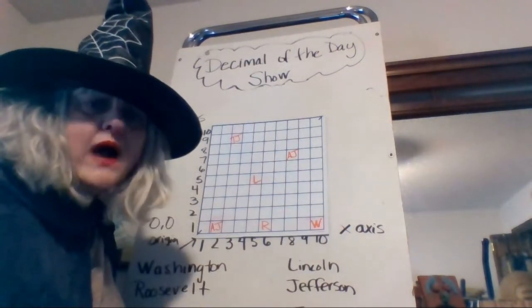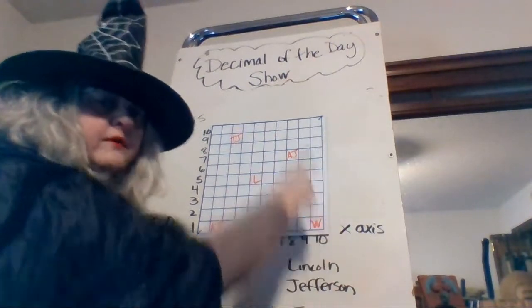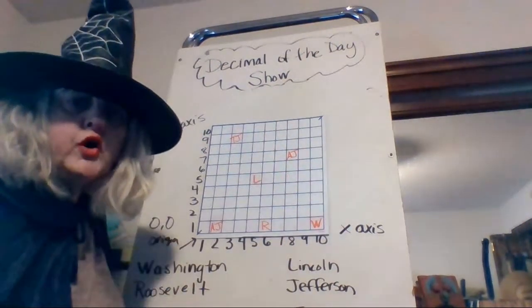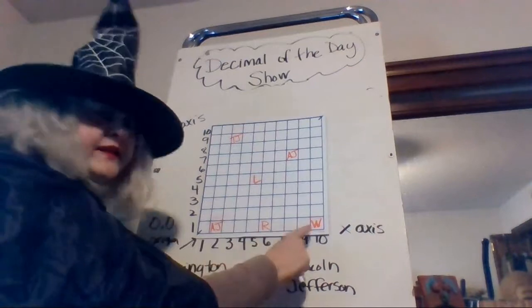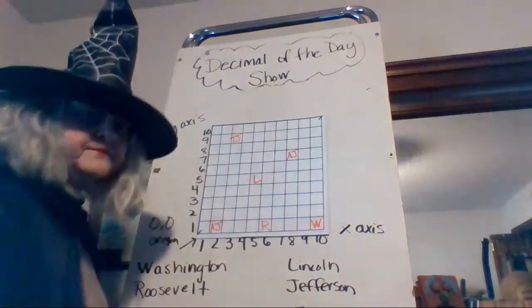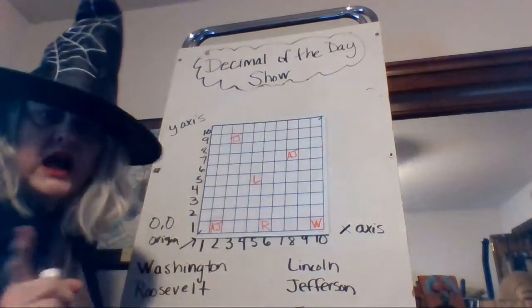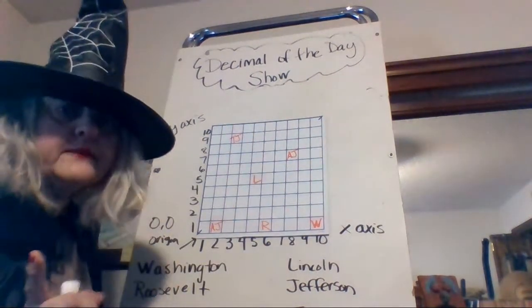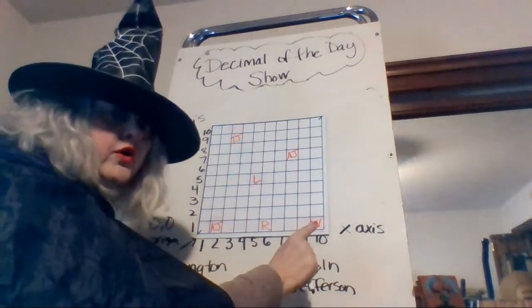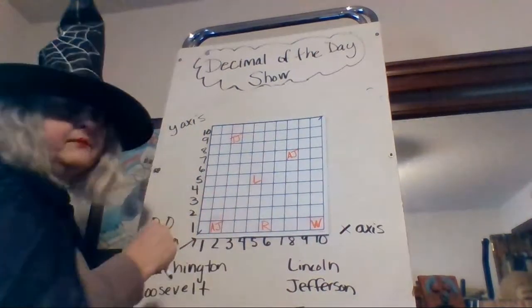X comes before Y, so you go over before you go up. Or you can think about, you get on the elevator before it goes up. Or you crawl before you stand up and walk. All of those things can help you remember you always go over and then up.